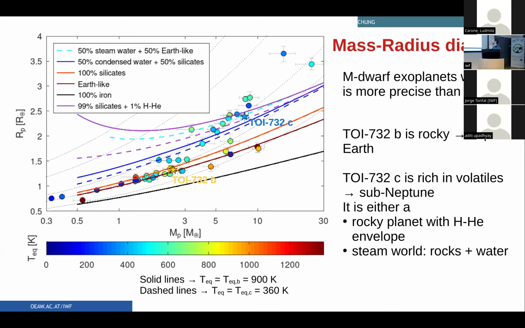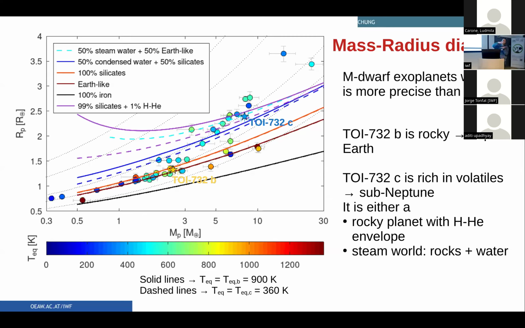The plot further distinguishes between models according to the equilibrium temperature of the planet. So the solid lines are characteristic of an equilibrium temperature of 900 Kelvin. So this is the equilibrium temperature of planet B, while instead the dashed line is for 360 Kelvin for planet C. This makes a difference in the case of models where you also have volatiles.